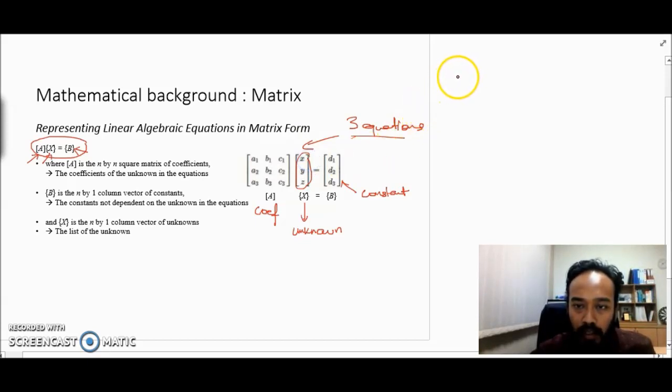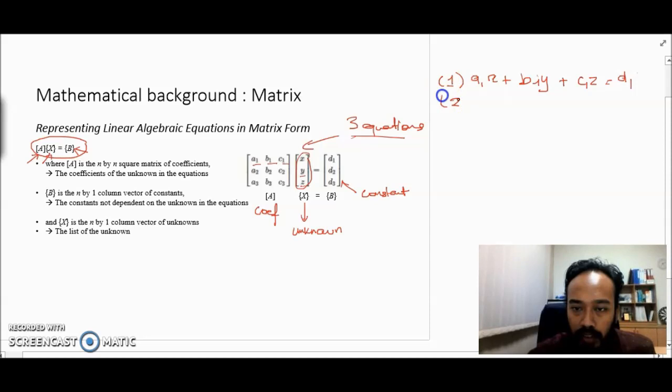if we write it again, A1 X plus B1 Y plus C1 Z equals D1. So that's the first equation.